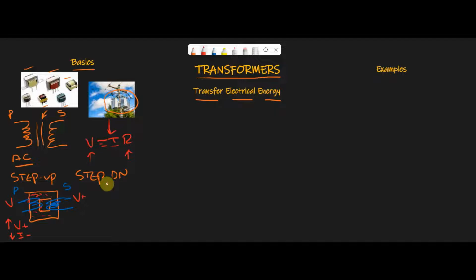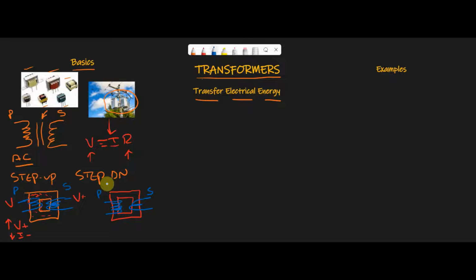Now let's look at the step down. The step down is, obviously, fairly similar, except that, let me draw the iron core, and then I'm trying to use different colors to make it easy to see, but let's say this one has more windings on the primary than on the secondary. So this is our secondary still, this is our primary still.